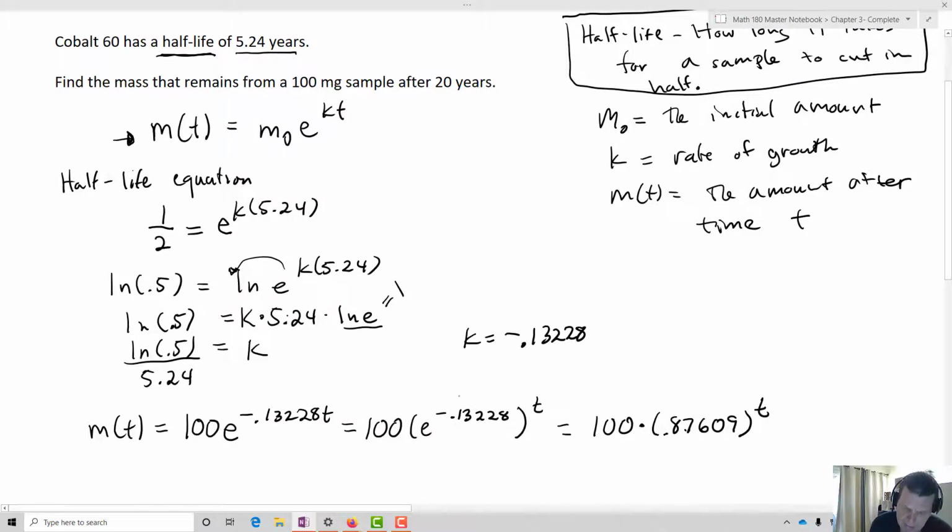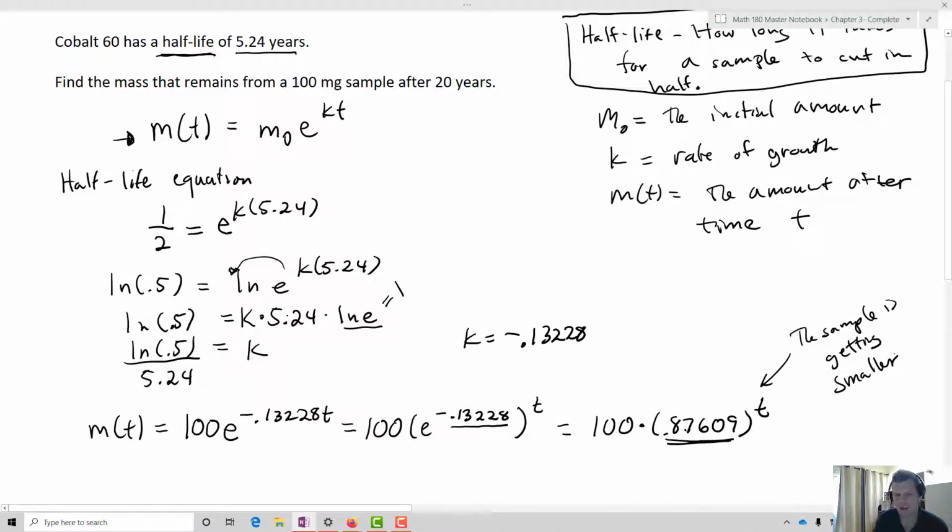One is that we know this is a decay problem because the exponent on the e is negative, which tells me that we're decreasing in size. The other thing is that the base of the exponent, when we transform e to the negative 0.13228, is 0.87609. That's less than 1, so the sample is getting smaller.